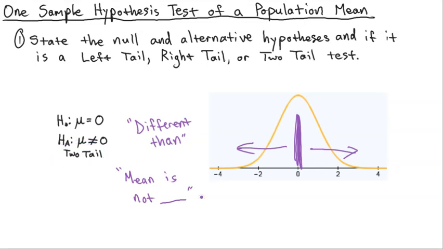So if it doesn't say more than or less than, it just says something like different than or not equal to, then you're going to use the not equal to, and this is going to be a two-tail test. And that is how we do step 1. We're going to state the null and alternative hypotheses. There are 3 possibilities, and then we're going to identify the possibility as either the left tail possibility, the right tail possibility, or the two-tail possibility.